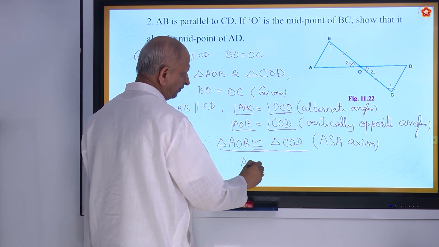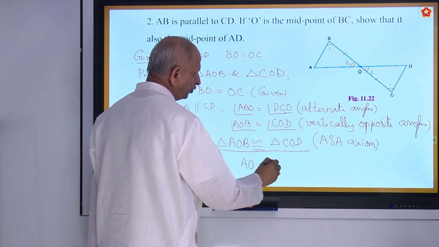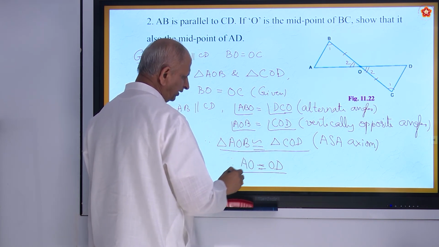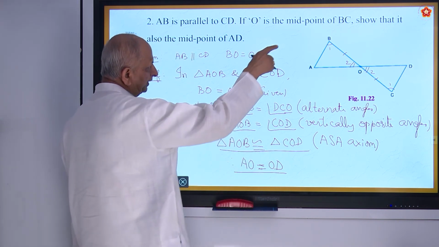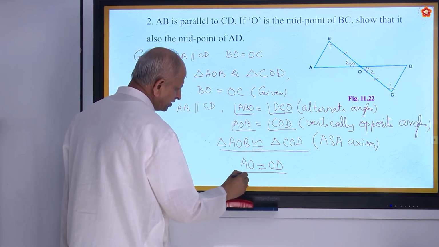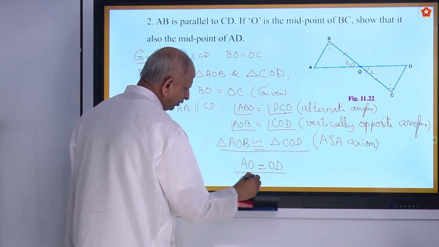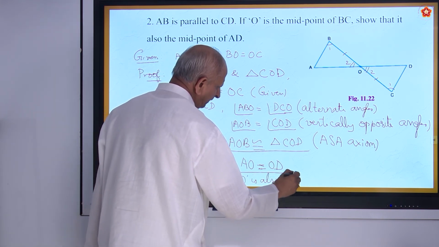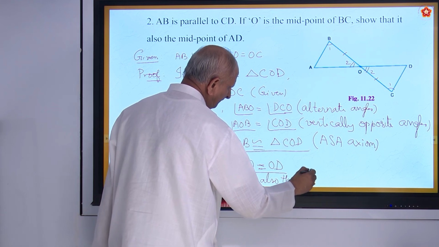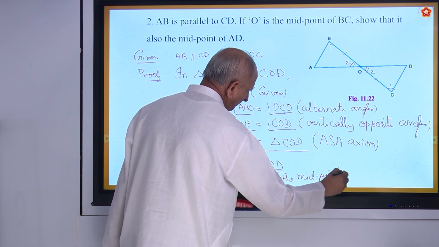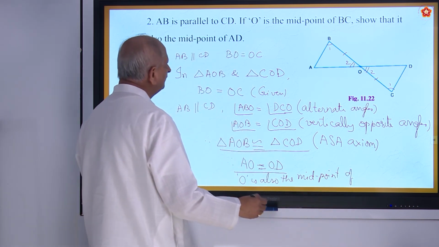Last point, AO is equal to OD. So what do you mean by AO is equal to OD? You have to write it as O is also the midpoint of AD.